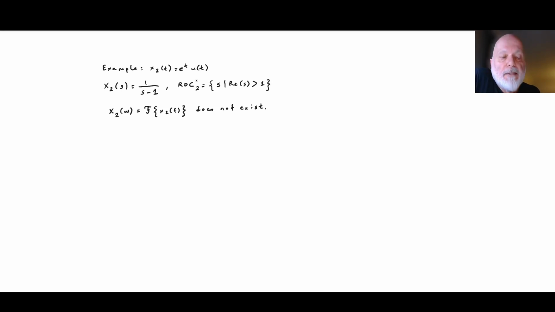That will be completely wrong, because it doesn't exist, because the region of convergence corresponding to X2 of s does not contain the j omega axis, or sigma equal to 0 line.